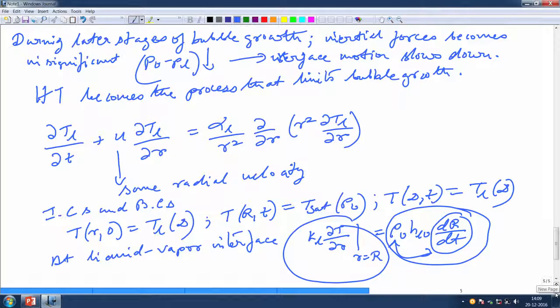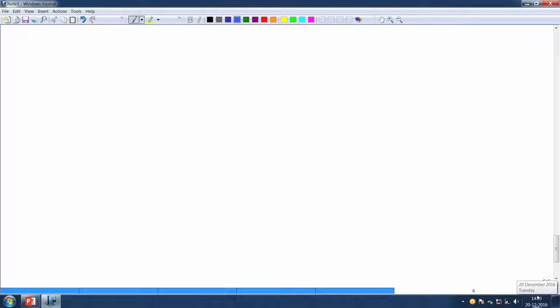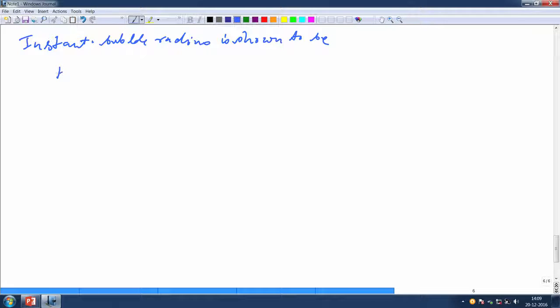Based on these, the instantaneous bubble radius is shown to be, alpha L into t, that is the instantaneous bubble radius.